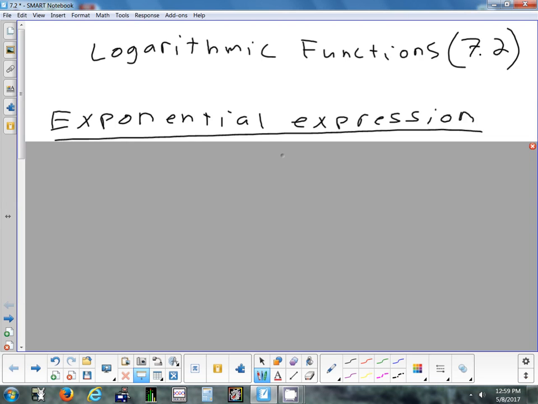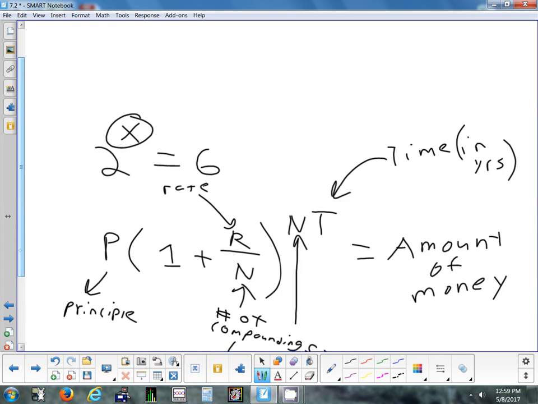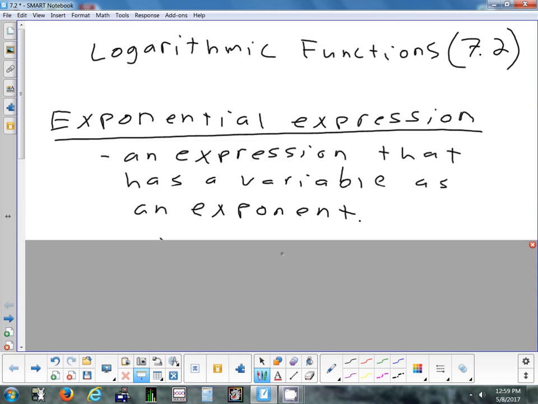So that expression that I had right here, 2 to the x equals 6, or even this other one, 1 plus r over n to the nt, those are called exponential expressions because they have variables in the exponent.